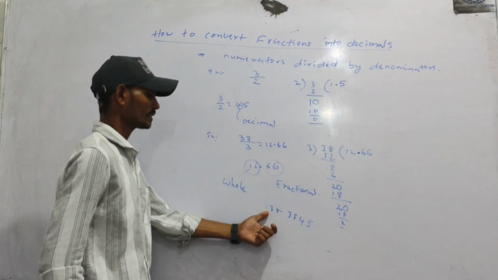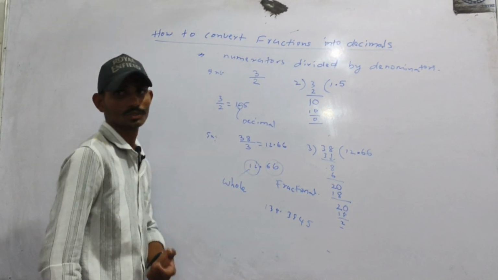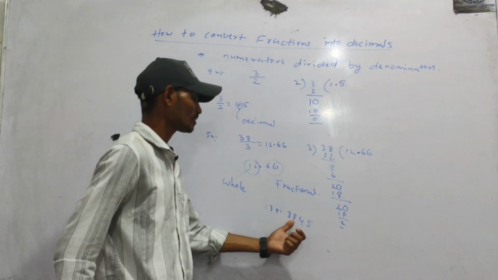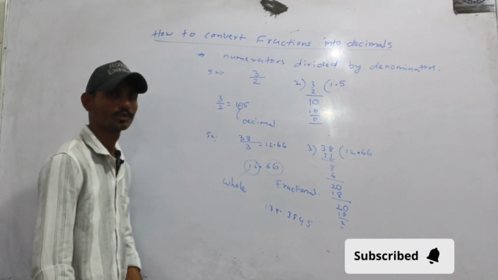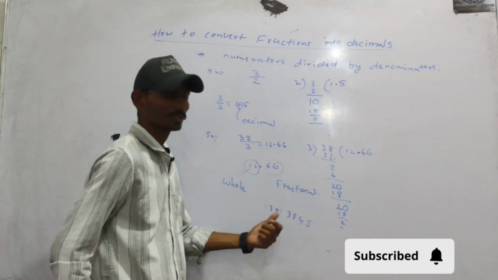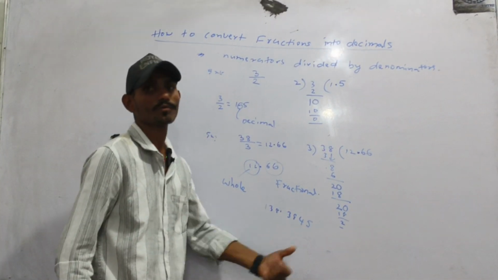Don't read it as three thousand eight hundred forty-five, that is not the correct way. You read after the decimal how many numbers there are, and then read the individual numbers: 3845.